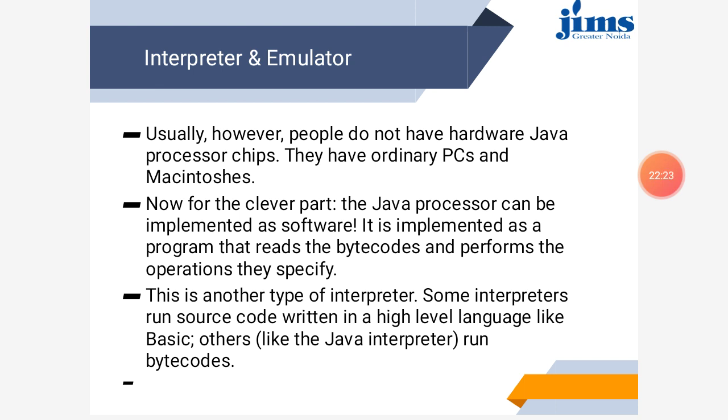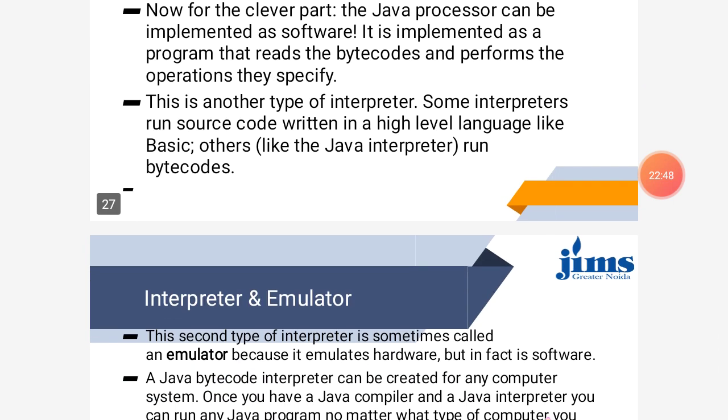A simple interpreter translates statements line by line, and once there is no error in that line, execution of the next line takes place. And this happens with the help of the emulator. The emulator works as a logical machine and helps in translating the code.